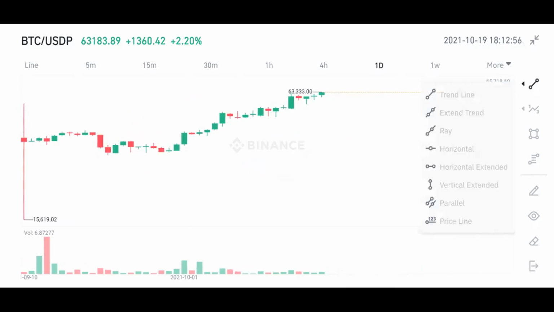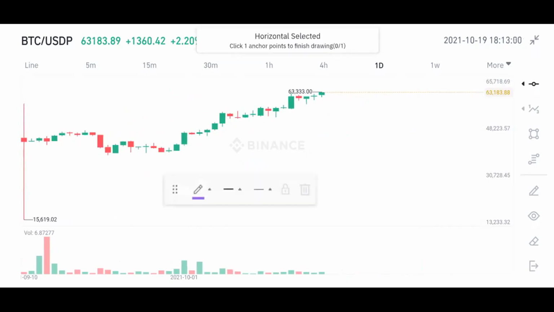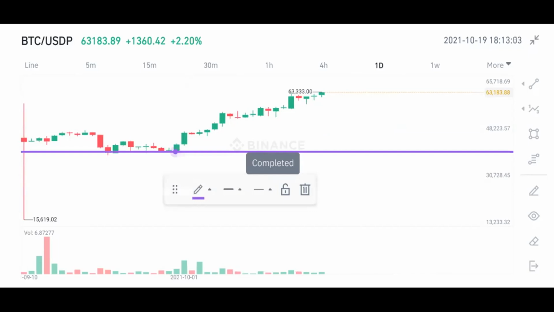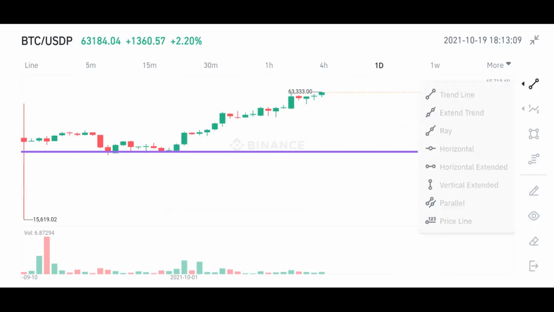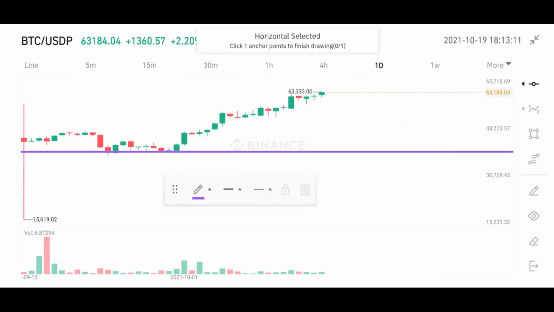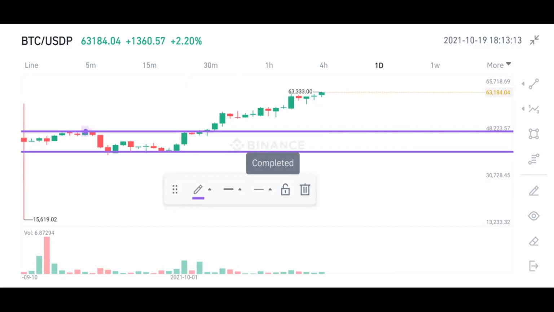So I will select horizontal. Here is a good support. Here is a, go again. There is a good support.